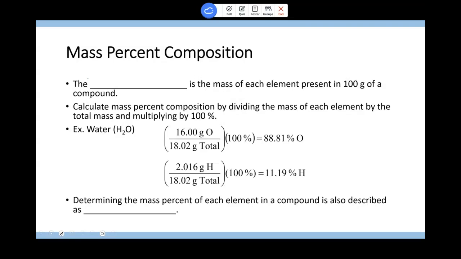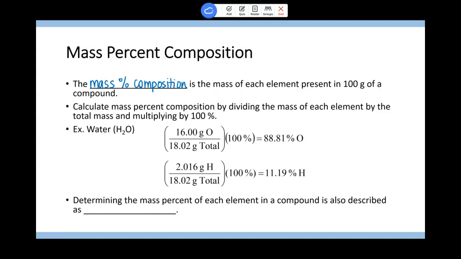So the mass percent composition, that's what this blank is here. The mass percent composition is the mass of each element present in 100 grams of a compound. We can calculate the mass percent composition by dividing the mass of each element by the total mass and then multiplying by 100.